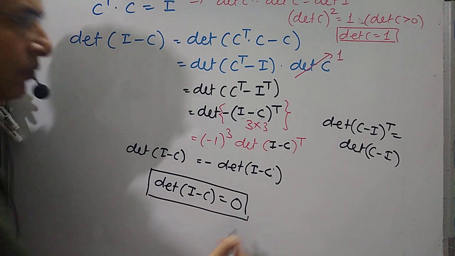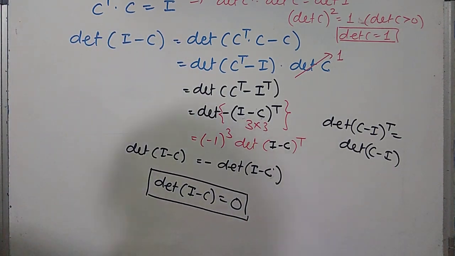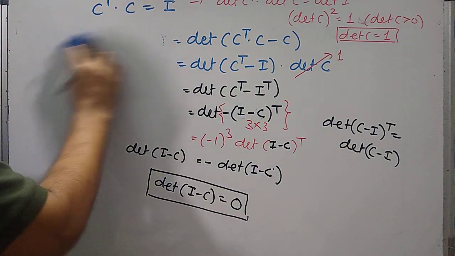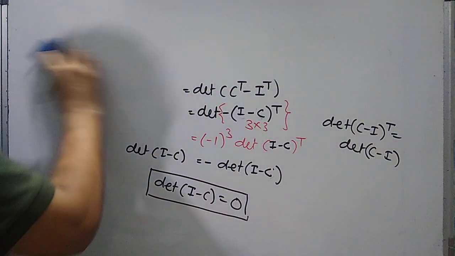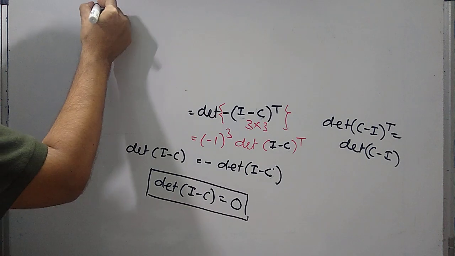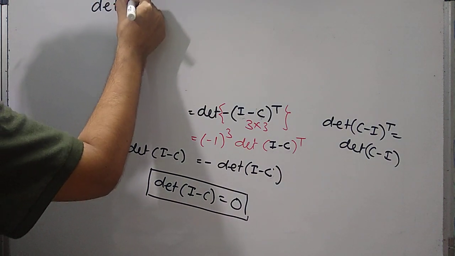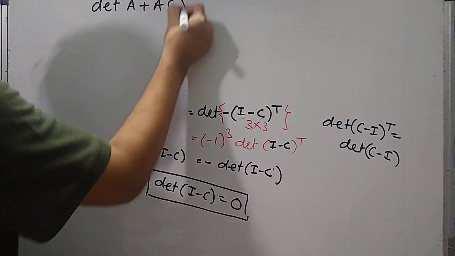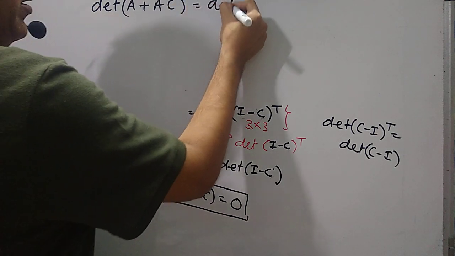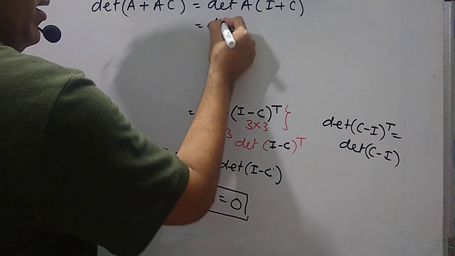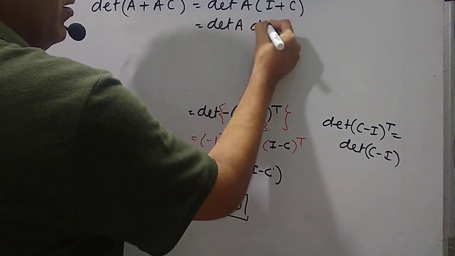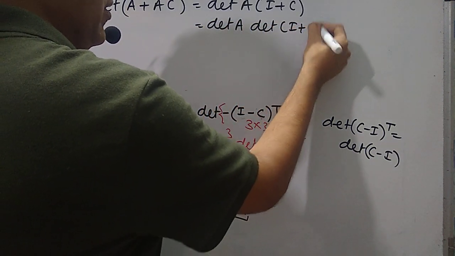Now we will find the next result. We have to find the determinant of A plus AC. This is the determinant of A into (I plus C), which is the determinant of A into the determinant of (I plus C).